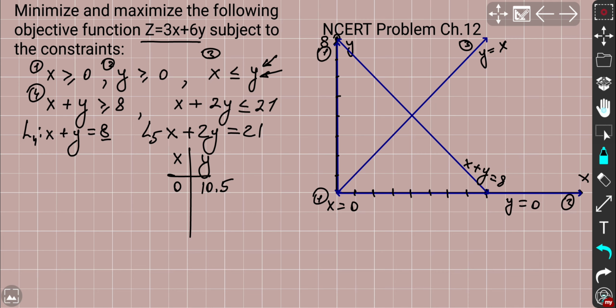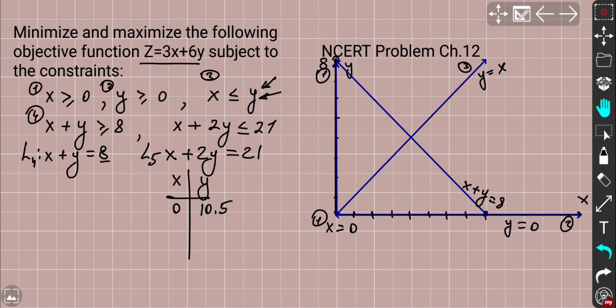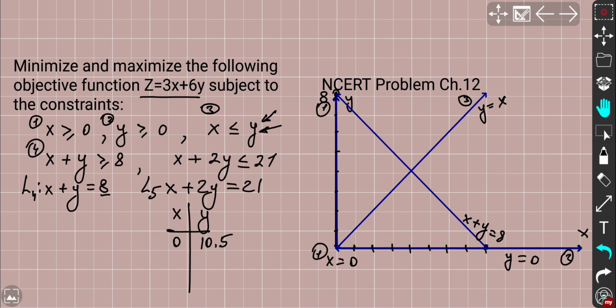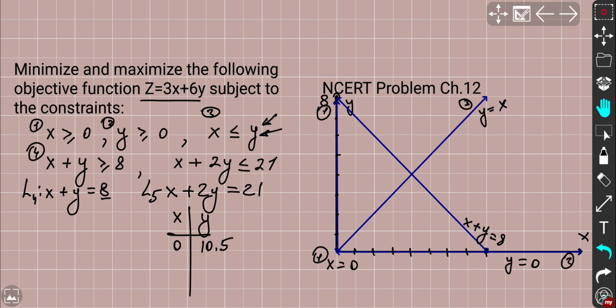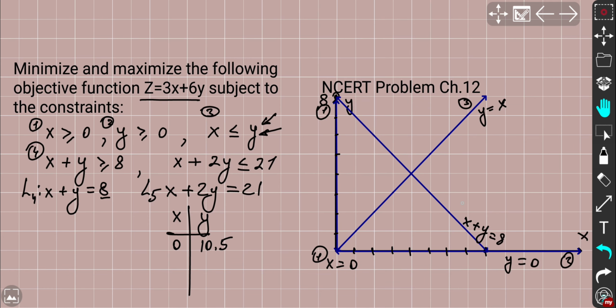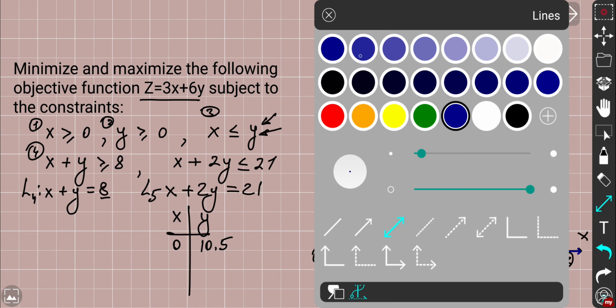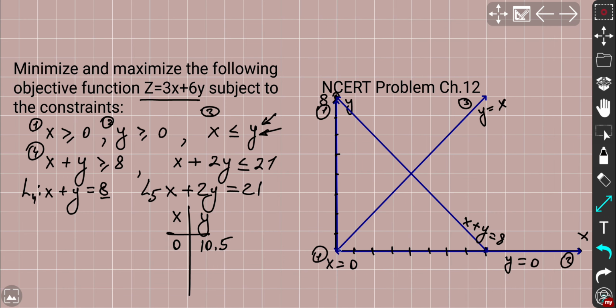So what I'm going to do right now, I just want to shift down a little bit because I really don't have enough space. So I shift everything down. Okay, perfect. Now I'm just going to prolong my x equals 0 line, and now I'm going to set up 10.5.